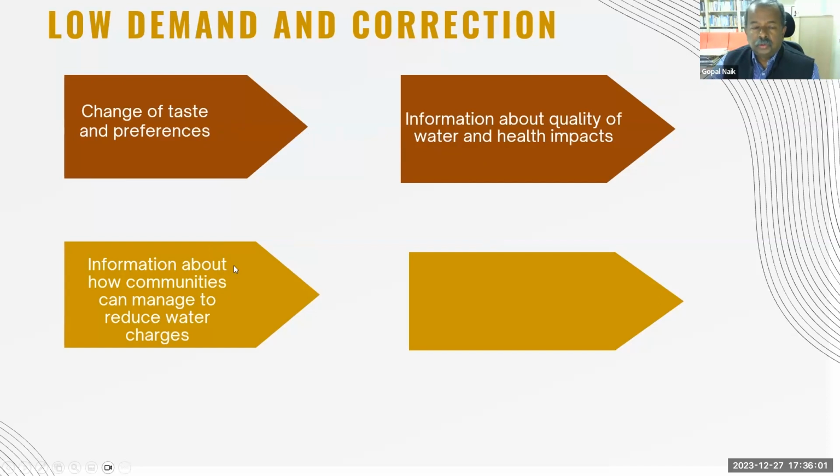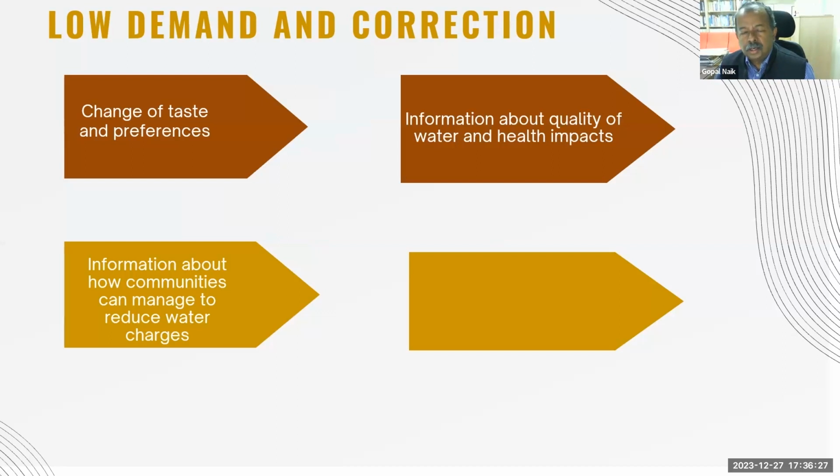One can also give information about how communities can manage the water to reduce water charges, maybe reduce non-revenue water, as we know, the water is also supplied to other public places, public institutions and so on, schools, Anganwadis, PHCs, and of course Gram Panchayat.